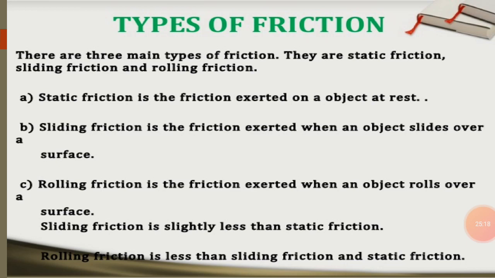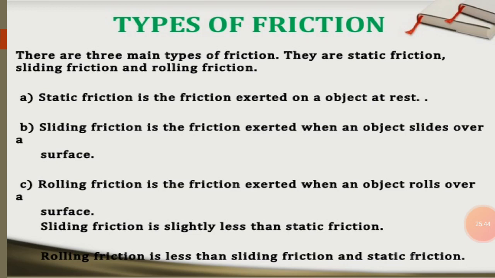When one object slides over the surface of another object, there is a frictional force acting on the object in the opposite direction. That opposing force is commonly known as sliding friction. So sliding friction comes into play when the object is sliding, moving slowly and continuously over the other object.